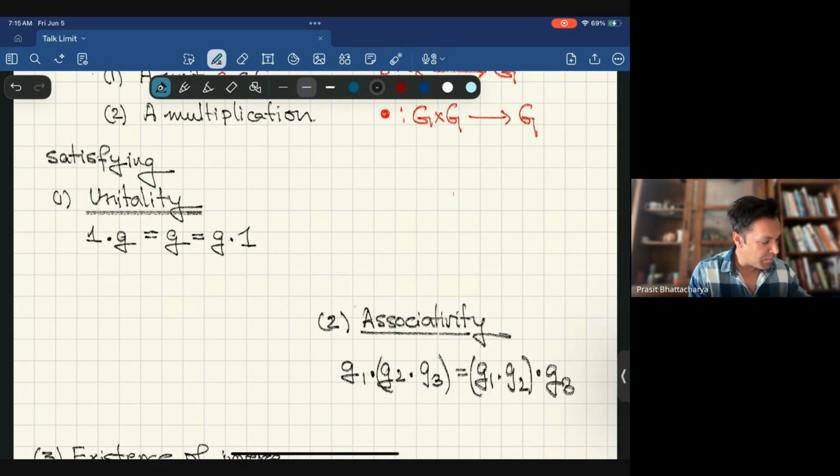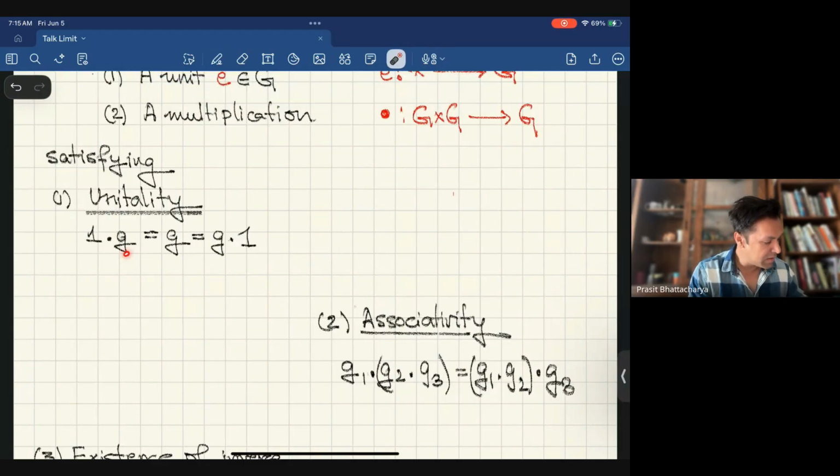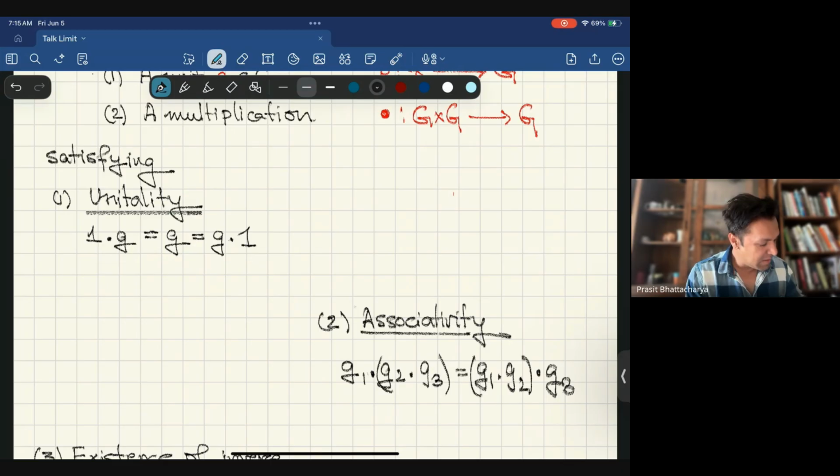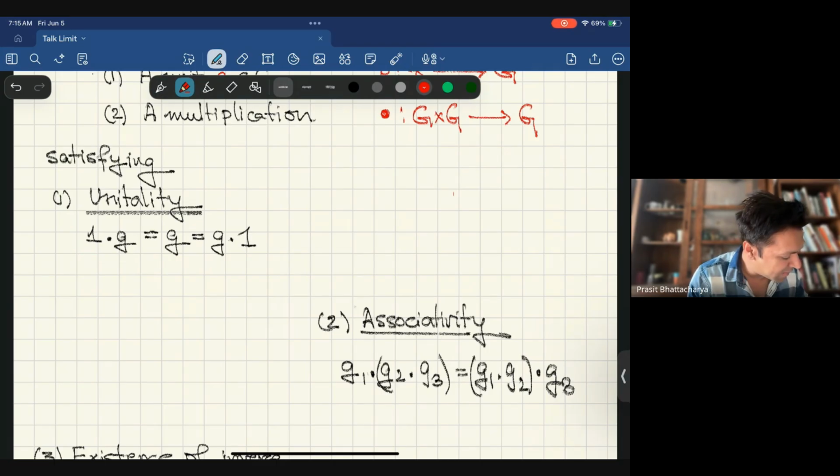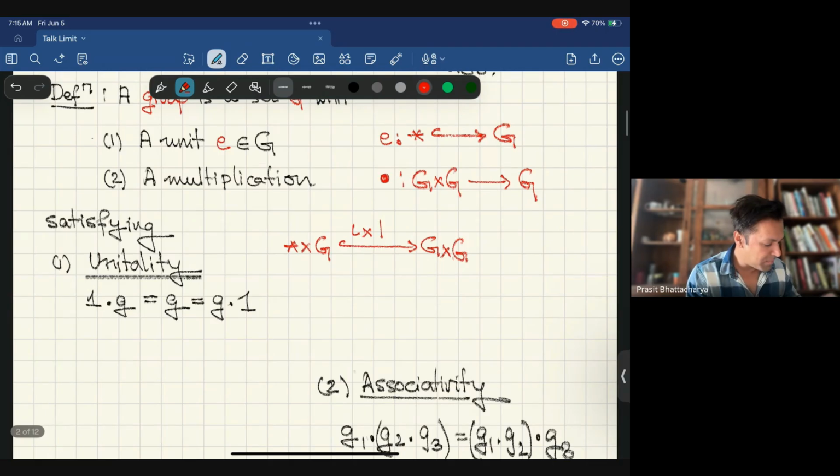So 1 dot g is equal to g is g dot 1. The way to write this is, let's see, I'm going to have a diagram something like this. I have a 1 point cross g, and then there is this map using the unit map, which is e, I guess. So I want e here, and then I can also go the other way.